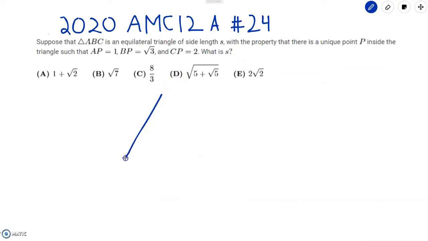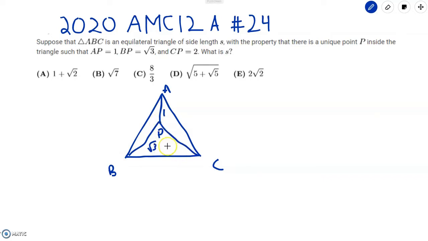So we have this triangle over here, and it's equilateral. And we put a point P inside, such that AP equals 1, BP equals root 3, and CP equals 2. Something that jumps out to us right away is that 1 squared plus root 3 squared is equal to 2 squared.